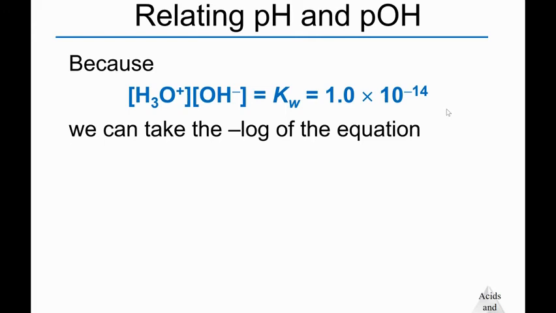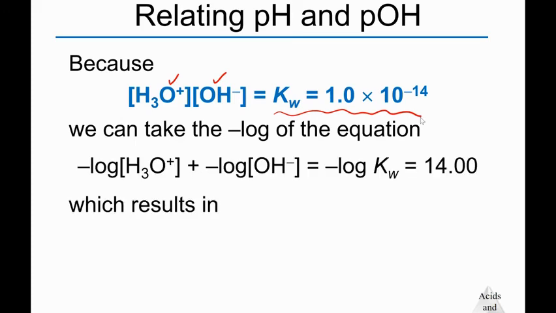All right, so because the concentration of hydronium ions times the concentration of hydroxide ions at 25 degrees Celsius equals 1 times 10 to the negative 14th, if we take the negative log of that equation, what we come up with is the negative log of hydronium ion plus the negative log of the concentration of hydroxide ion equals the negative log of Kw.